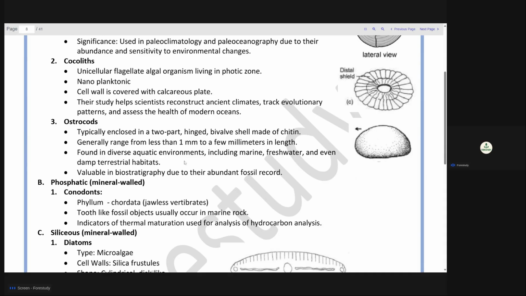They are found in diverse aquatic environments: marine or salt water, fresh water like lakes and rivers, and even damp terrestrial habitats like swamps. They are valuable in biostratigraphy due to their abundant fossil record. Since different types of ostracods are found in different areas around the world, they are used for biostratigraphic correlation.